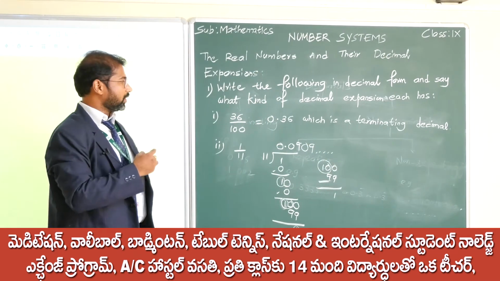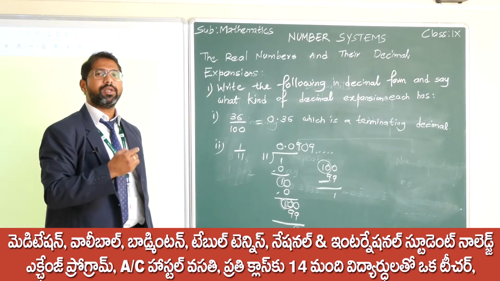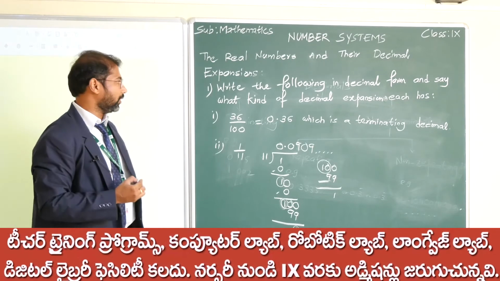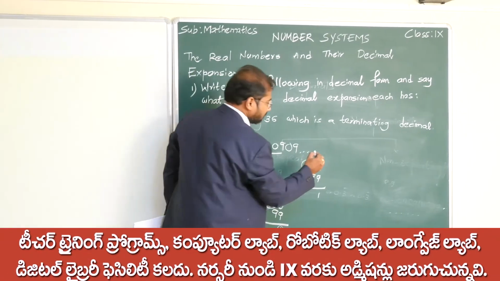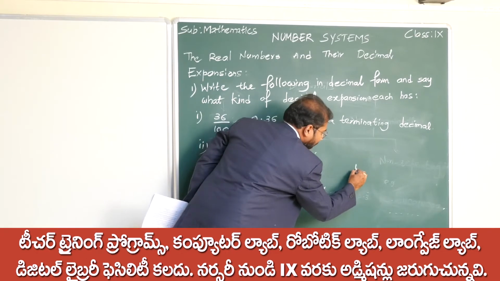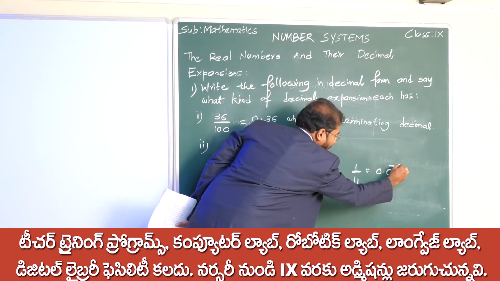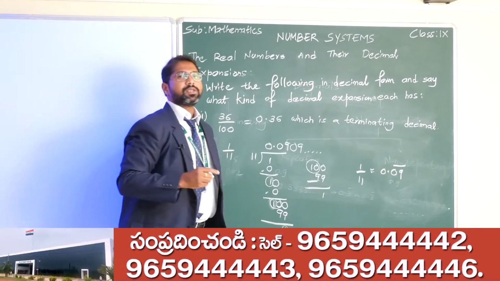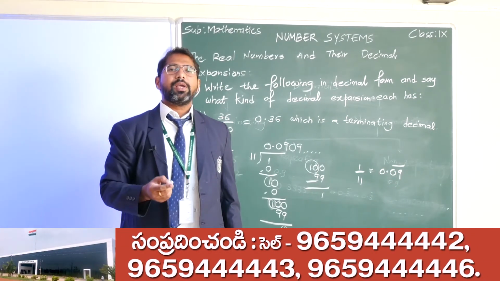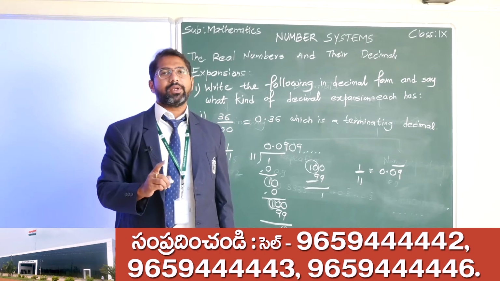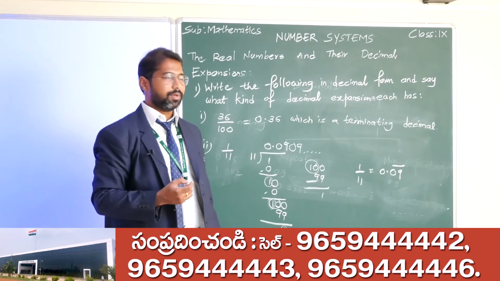Yes. So 0.0909 dot dot dot can also be written as 0.09 bar. 0.09 bar is a non-terminating repeating decimal.